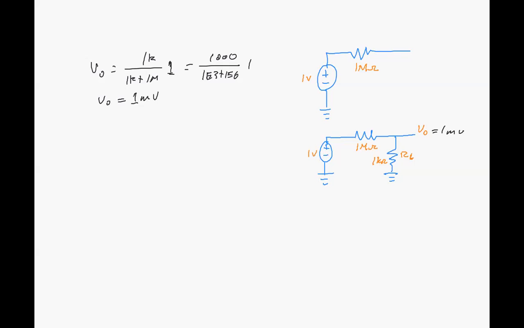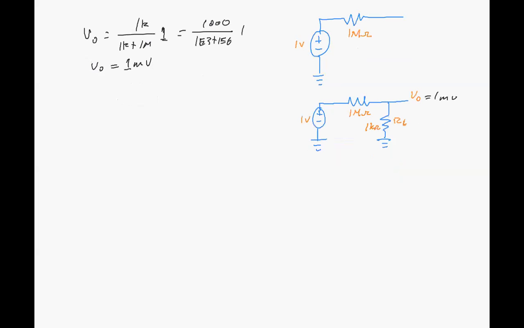If we add a voltage buffer, so if we've got this signal source, this high resistance, and we add that to the non-inverting pin, so we have a non-inverting configuration here.